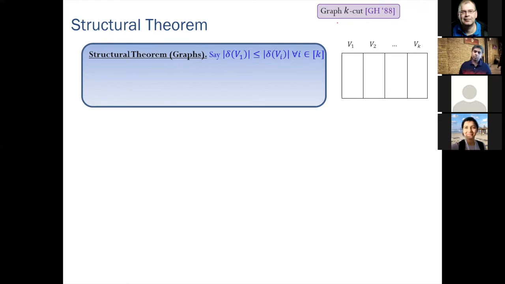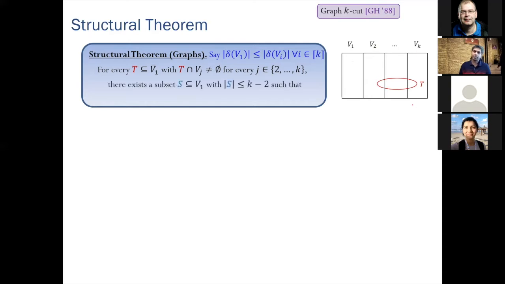Now, Goldschmidt and Hochbaum showed that for every choice of T that is disjoint from V1 and intersecting each of V2 through Vk, there is a subset S inside V1 of small size, of size at most K minus 2, such that the minimum ST cut is exactly V1, V1 bar.